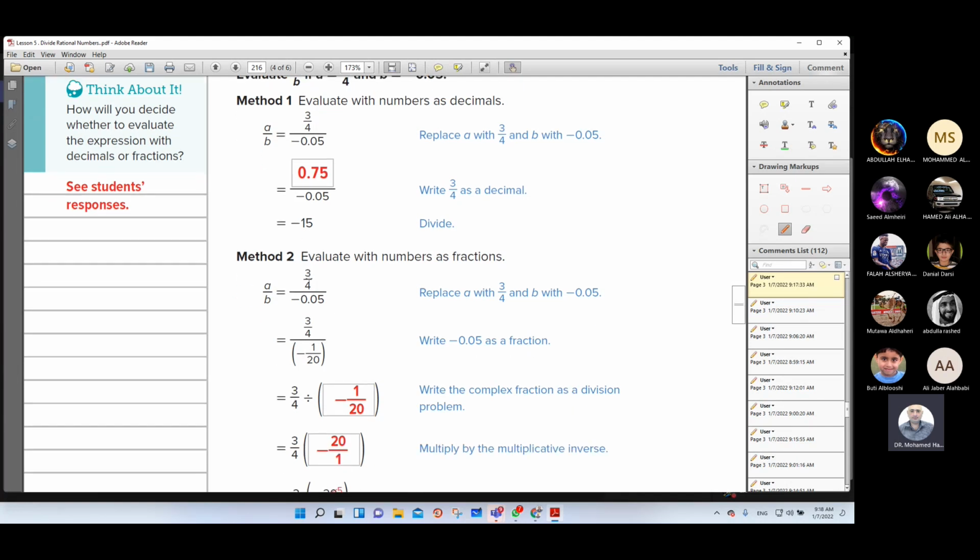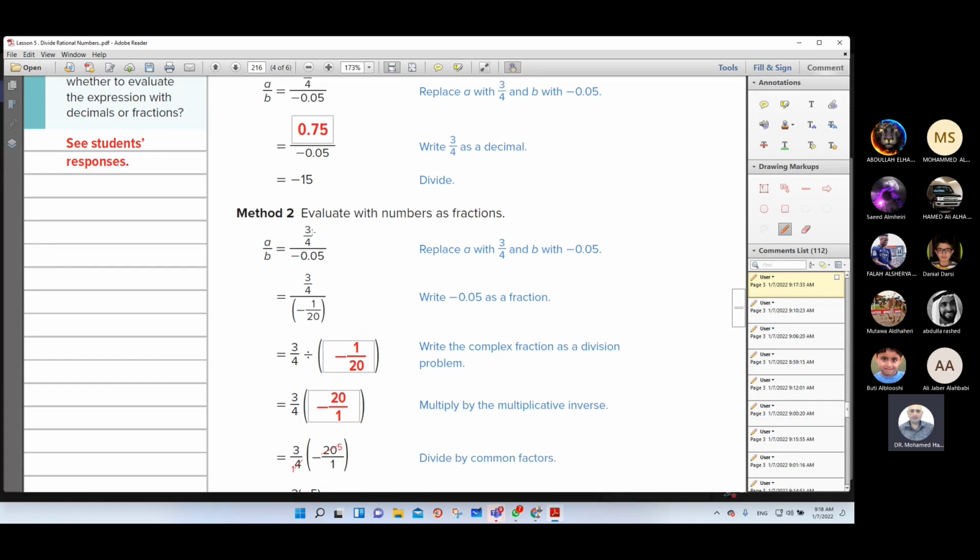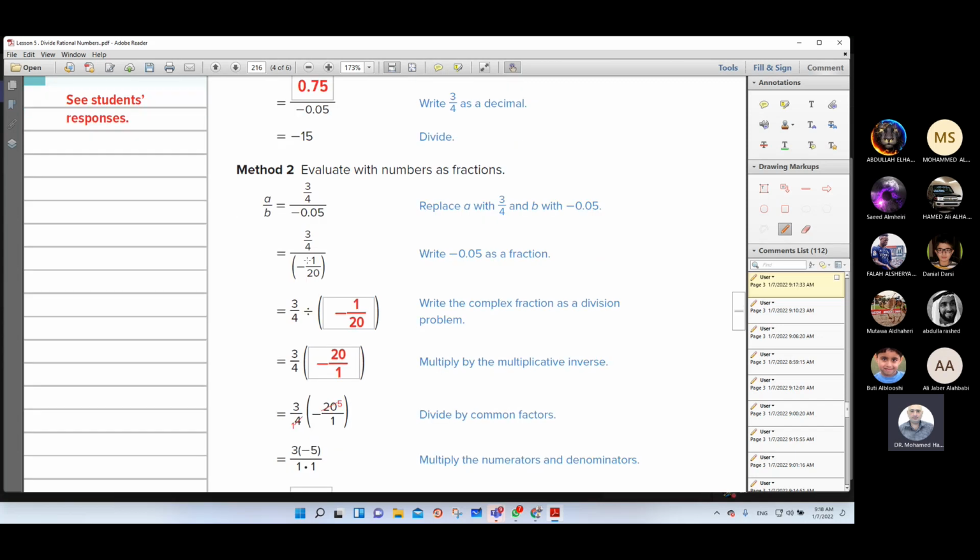The second method: here we changed the fraction to a decimal. You can do the opposite. You can keep the fraction and change the decimal to a fraction. Negative 0.05 will be negative 1 over 20 as a fraction. Then you can use the rule: keep the same numerator, 3 over 4, and change from divide to multiply.